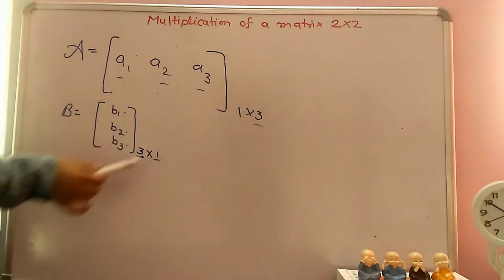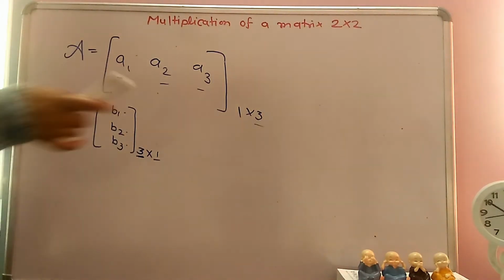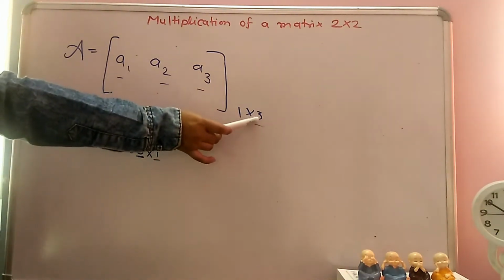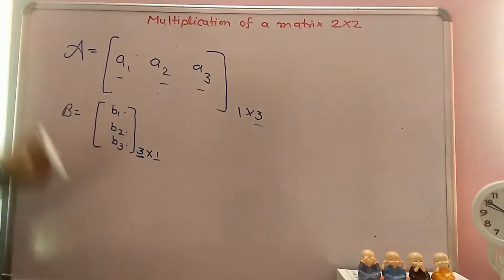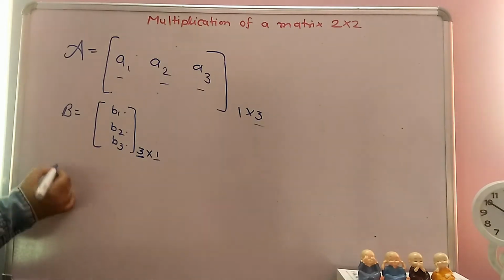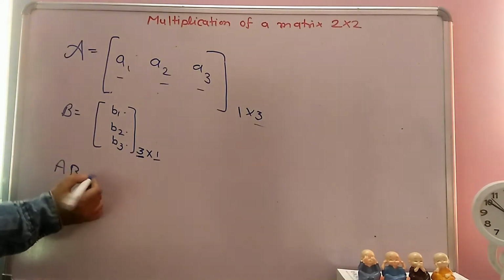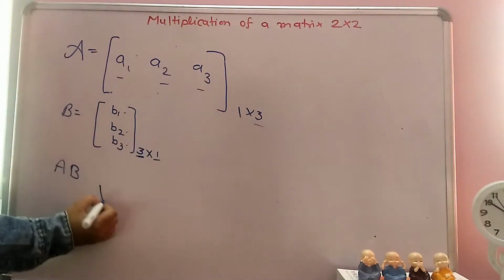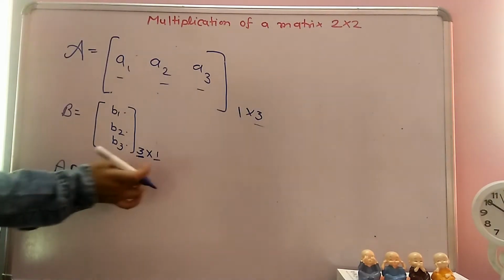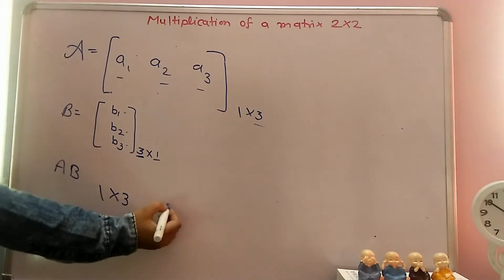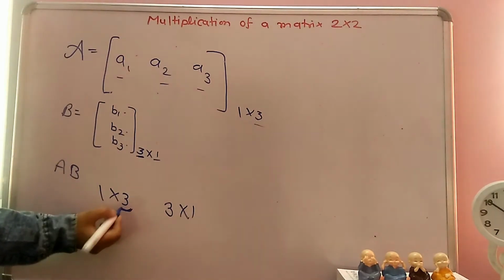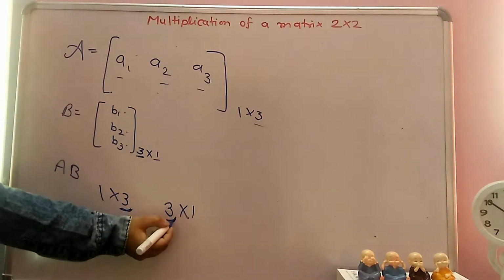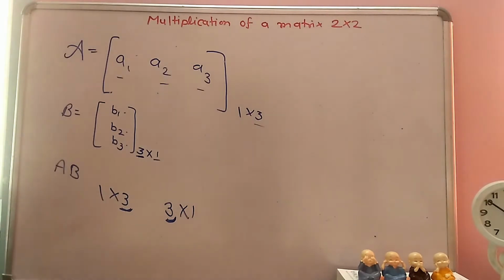Now, when is matrix multiplication possible? When the column of this matrix equals the row of this matrix. AB, 1 cross 3, B 3 cross 1. Then the column of this matrix equals the row of this matrix.